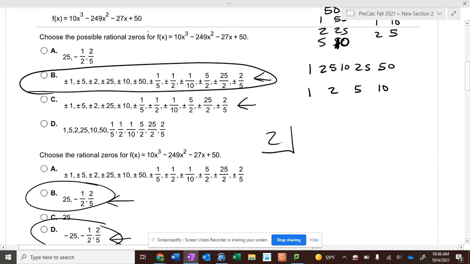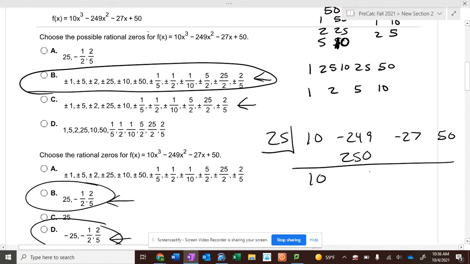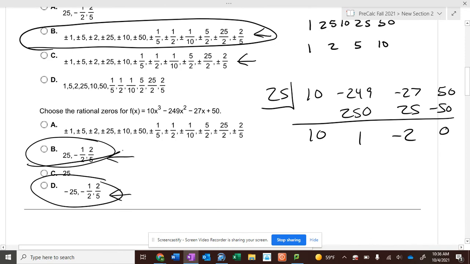So if I go 25 and I go 10, negative 249, negative 27, 50, I'll see. 10 gives us 250, which gives us 1, which gives us 25, which gives us negative 2, which gives us negative 50, which is 0. Okay? So if I know it's 25, then I know it's choice B.